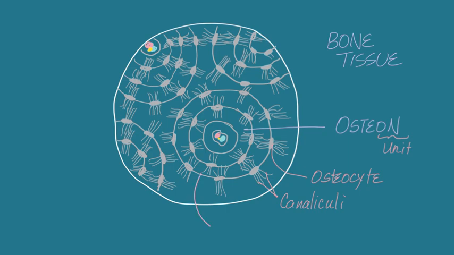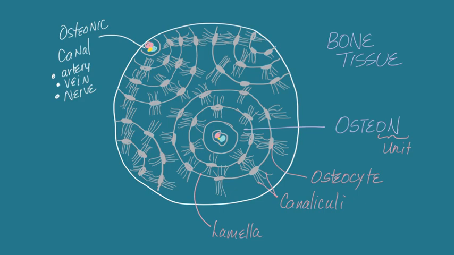The canaliculi serve as little canals that connect neighboring osteocytes with each other. The lamella is the concentric circle on which the osteocytes are arranged. The most important part of the osteon is the central canal called the osteonic canal. The osteonic canal contains the artery, vein, and nerve that supply the bone tissue.